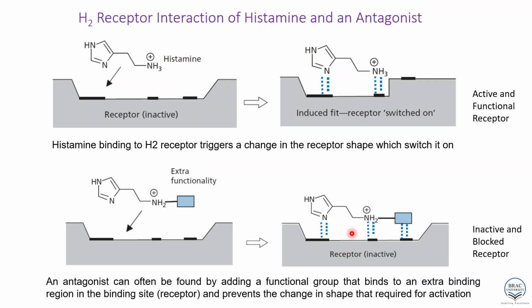As a result, the receptor will have some sort of abnormal changes, or the receptor might not change at all, depending on the receptor type. So this is how the H2 antagonists mainly work in the H2 receptors.